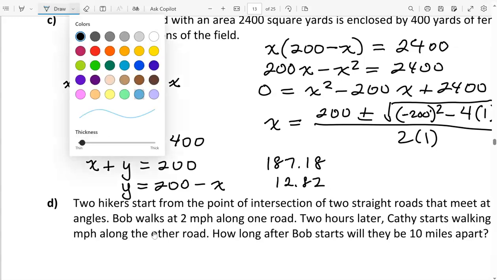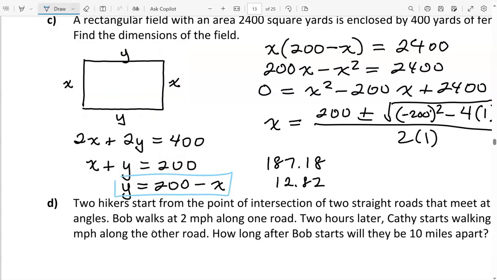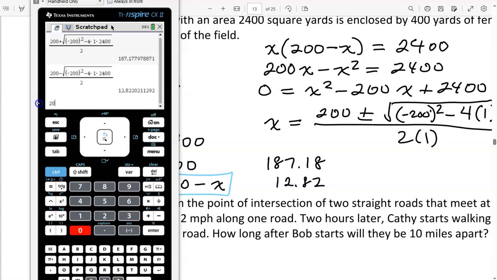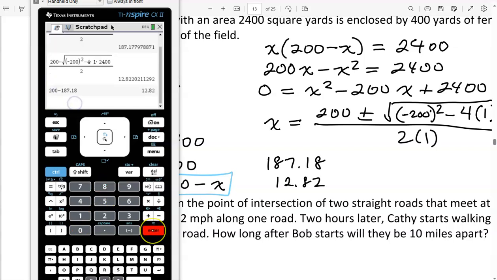Remember that the length is 200 minus that value. So if our width is 187.18, then our length is 200 minus 187.18, which is 12.82.